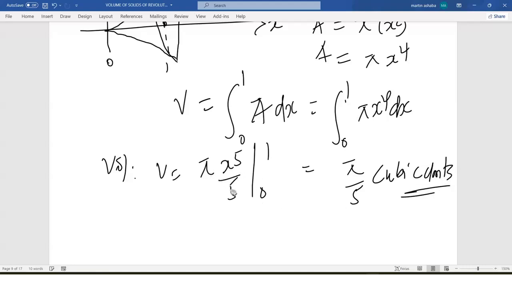Even if I subtract this one with 0 substituted, everything is 0, so I still don't want to waste my time. So I just substitute in pi out of 5 into 1 to the power 5, and 1 to the power 5 remains 1. So the whole thing remains pi out of 5, and that is in cubic units.